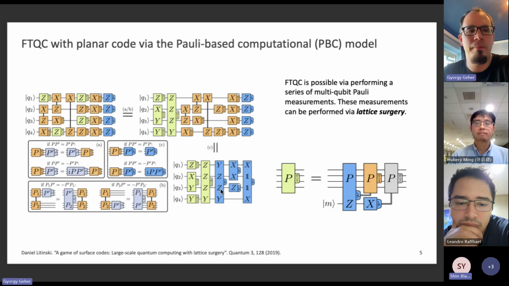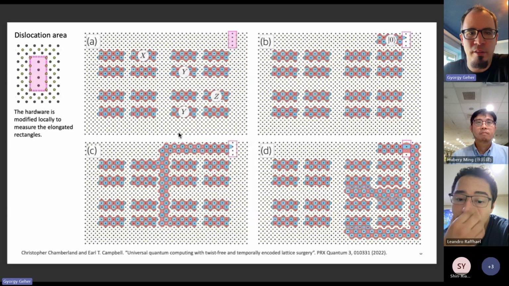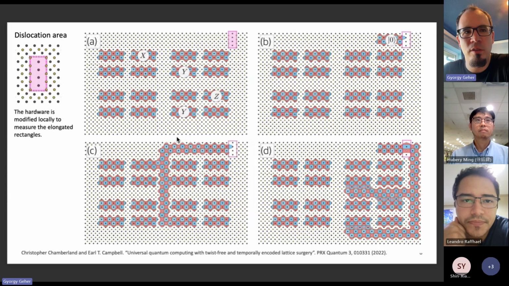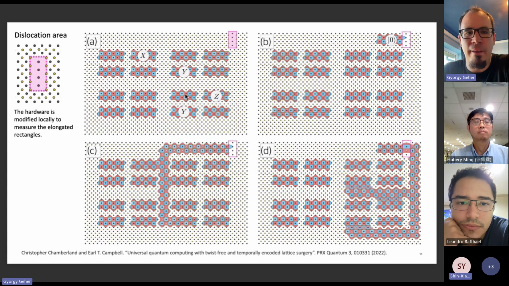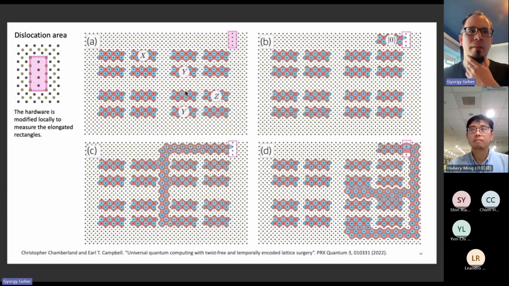Yeah, that's a good question. Usually what happens is that you have the circuit, then you allocate the logical qubits into patches, and you sort of fix how distant they are.